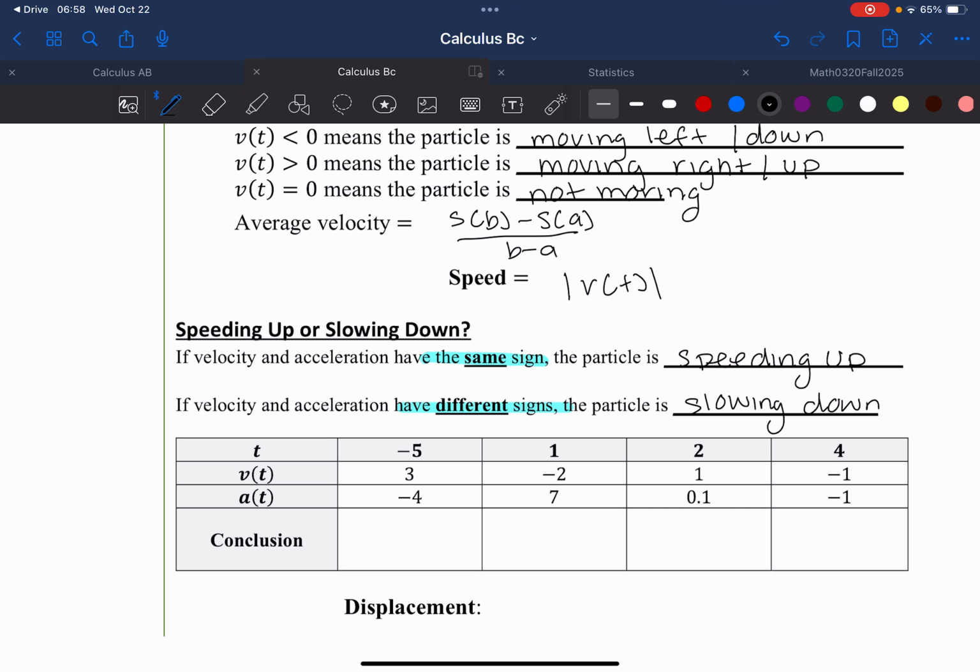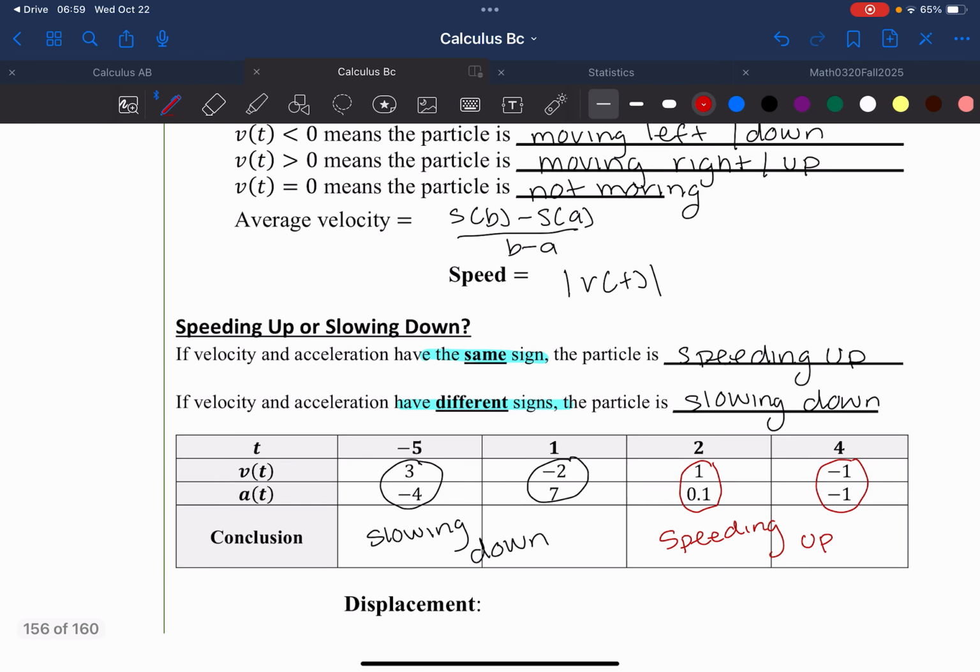So if we look at these values here, these have different signs, and these ones have different signs. One's positive and one's negative, so we know that these are slowing down. Versus these values over here have the same sign. They're both positive or they're both negative, so we know that they are speeding up.